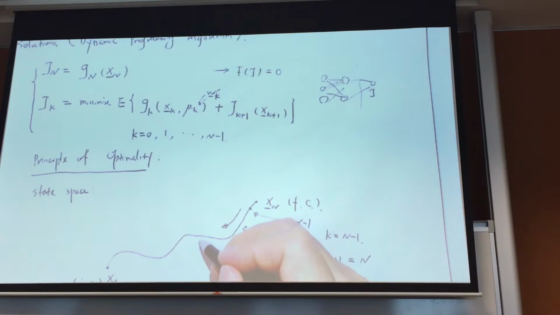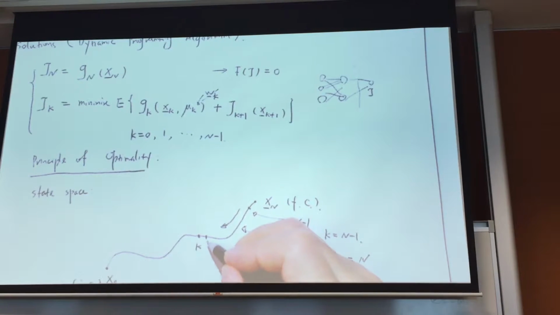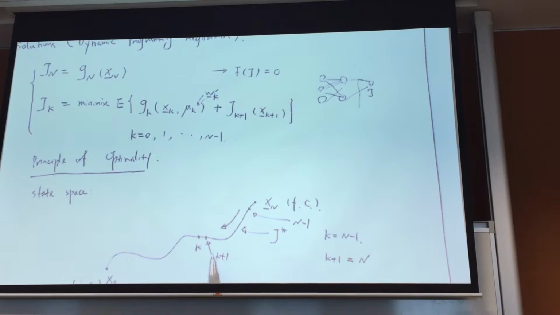Recursively until we go to the state of k. For the state of k, the next step will be k plus 1, and the step of k plus 1 is already solved from all the previous iterations.